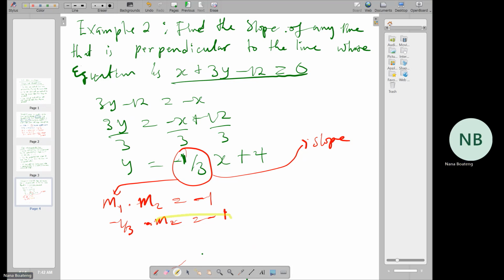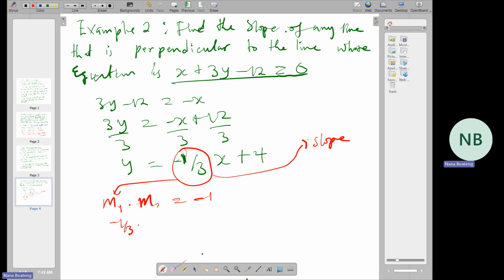So this times m2 is equal to -1. If we multiply both sides by 3, then we'll have -m2 is equal to -3.